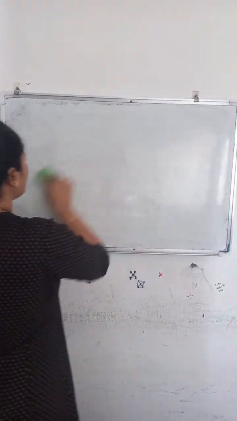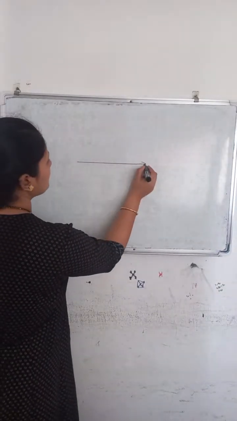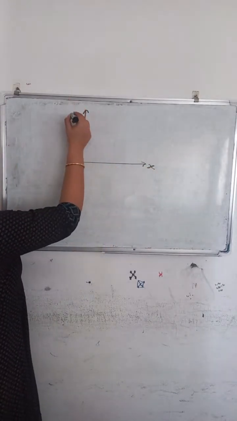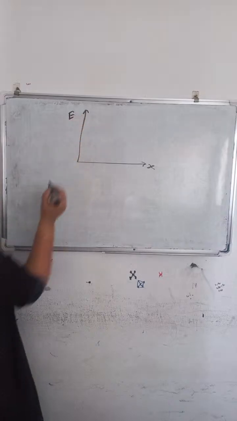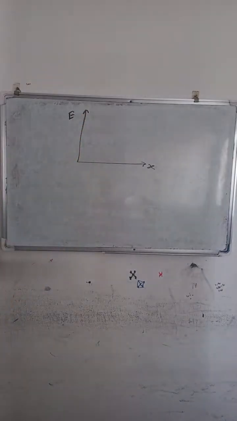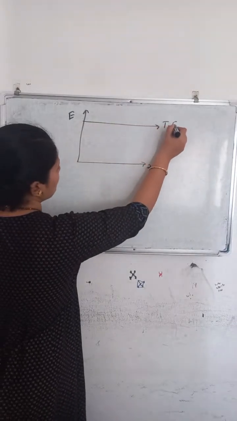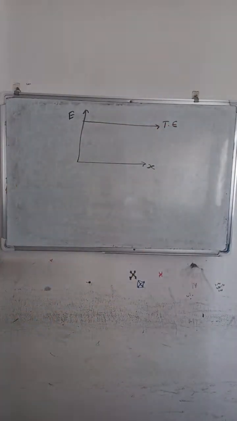So both are interrelated with each other, and if we draw a graph, on the x-axis we have displacement and here we have energy E. And this gives the total energy, the addition of potential energy and kinetic energy.